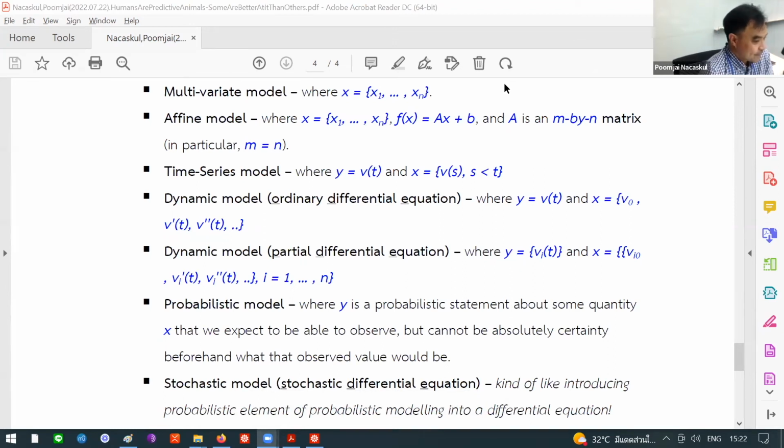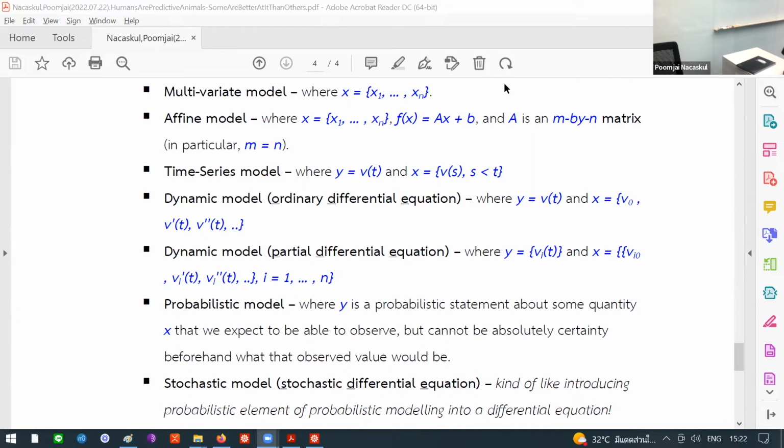So again, the concept is y is equal to f of x. Let's think of something more than just y is equal to mx plus b, right?